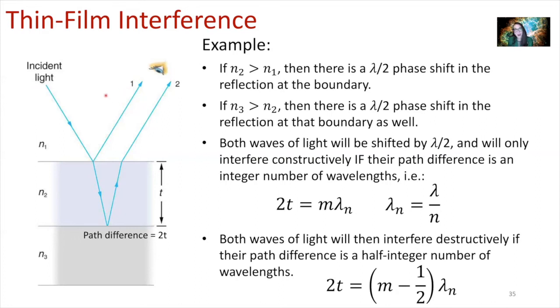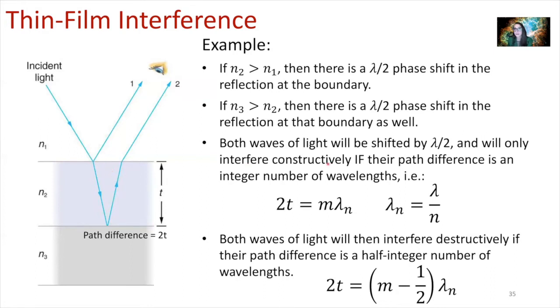But the wave of light that strikes the first boundary transmits through the thin film and then gets reflected off the bottom and then goes back out again. This second wave has to travel an additional distance of t, the thickness of the film, down, strike the back of the film, and then pop back up another distance of t. So it has an extra path length, possibly, of t plus t, so 2t.